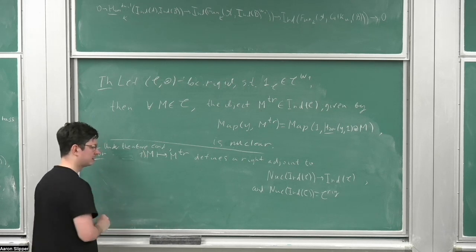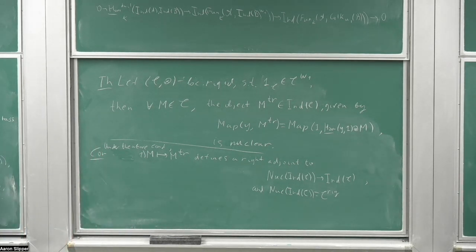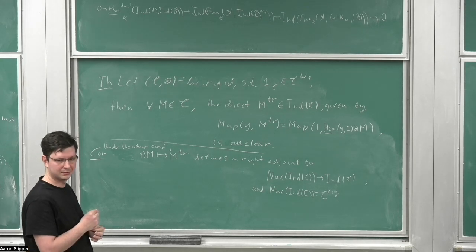And this is just the general notion of nuclear objects in the complementary case. So the definition of nuclear object didn't involve the tensor structure.